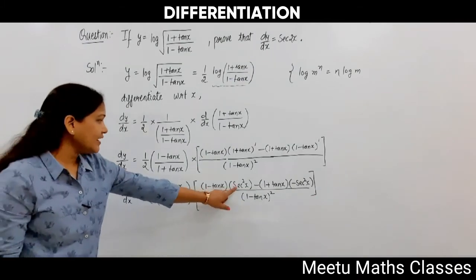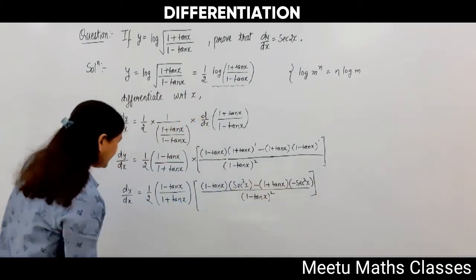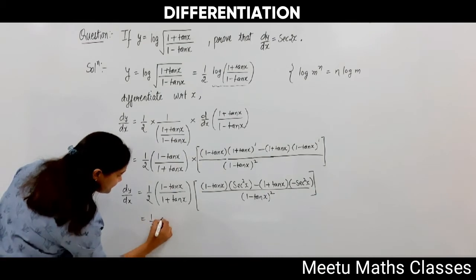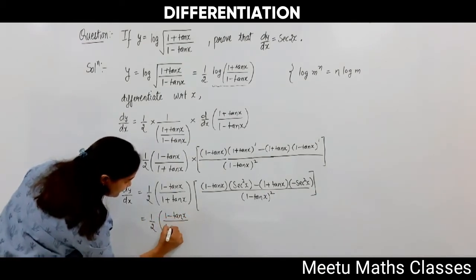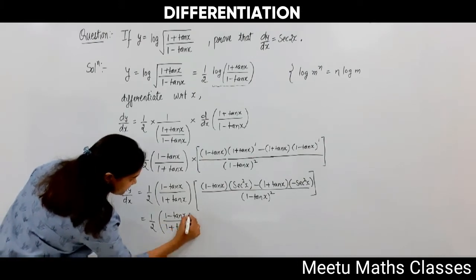Okay. Now sec square x can be taken common. This is as it is 1 minus 10x upon 1 plus 10x.